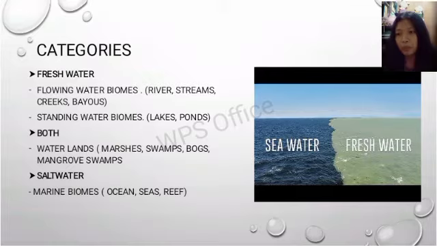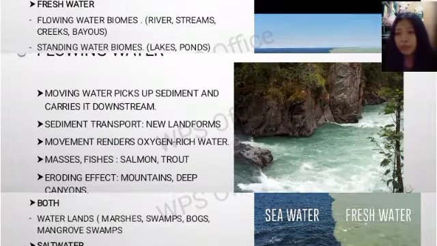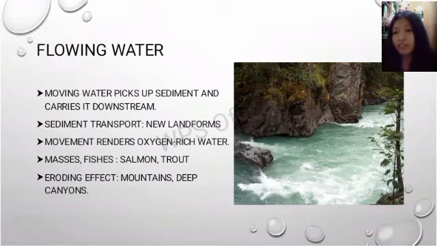The next one is flowing water, which is under freshwater. Here in flowing water, you can usually find the ecosystem in mountains or hills. Flowing water ecosystems have water that has constant flow. Some examples include waterfalls, creeks, streams, and rivers.